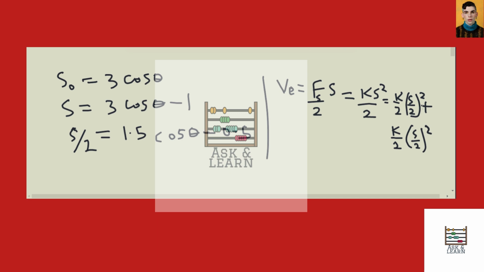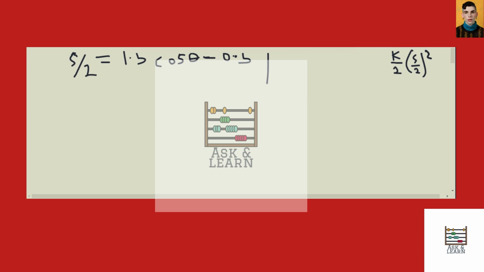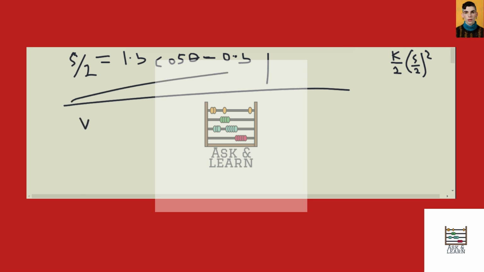We can just plug everything now into the equation. All right, our potential function V will be equal to the gravitational potential energy plus the elastic potential energy.